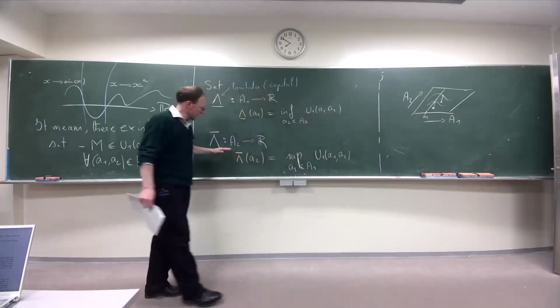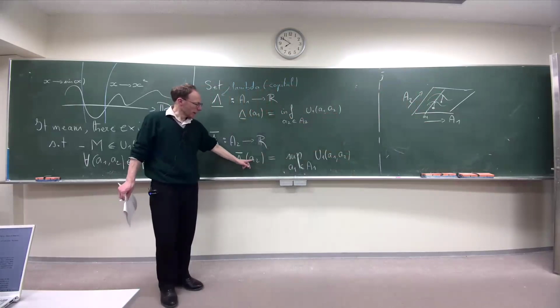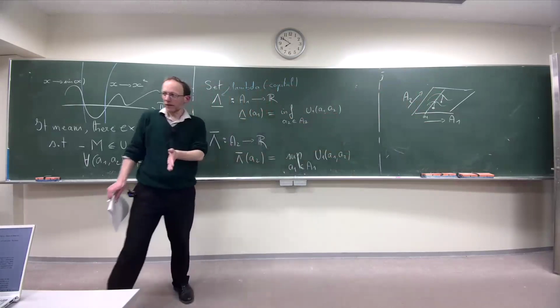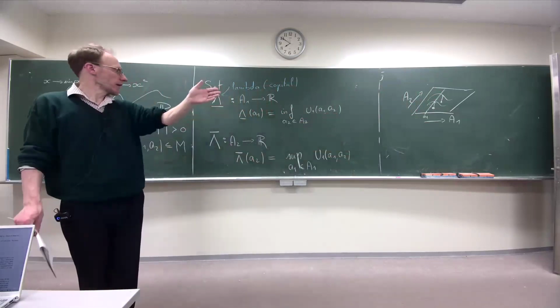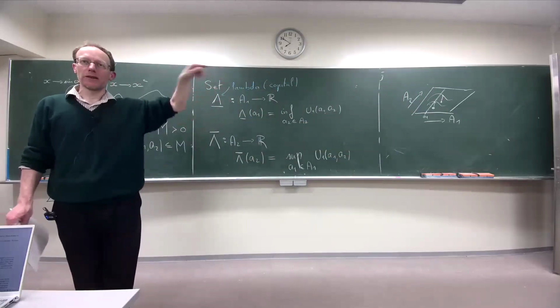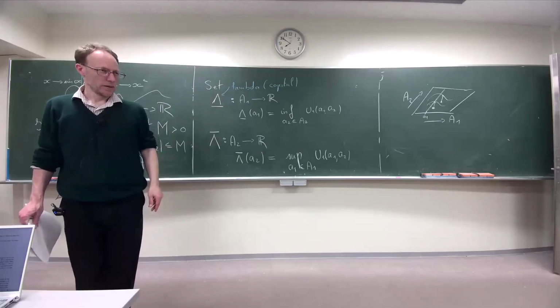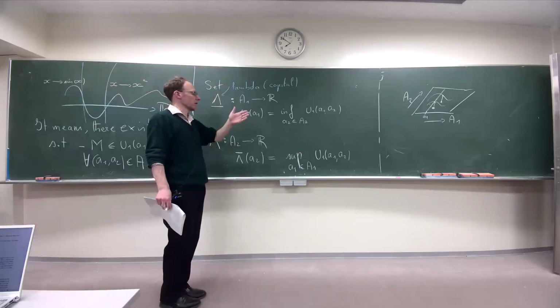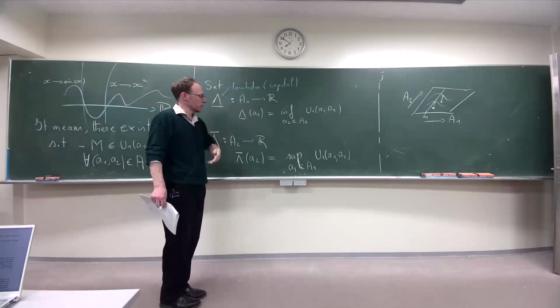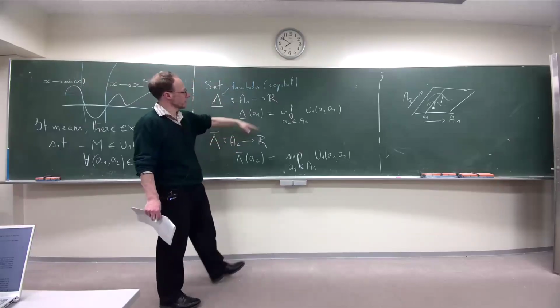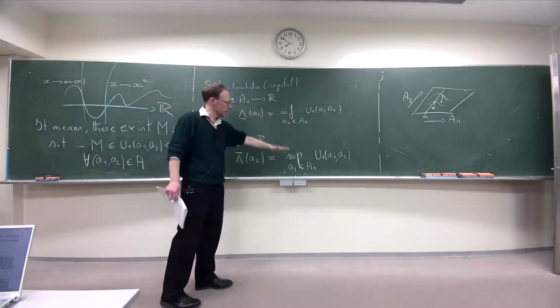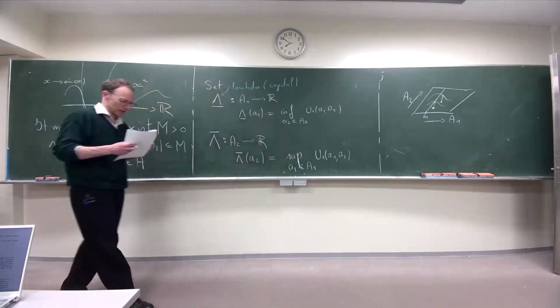And here the same, you fix now a2, so you fix in the other direction, and you look at the maximum value in the other direction. Okay? So it's really, you fix one direction, or you fix one value, and you look at all possible values in the other direction, and either you take the inf or the sup. Okay?